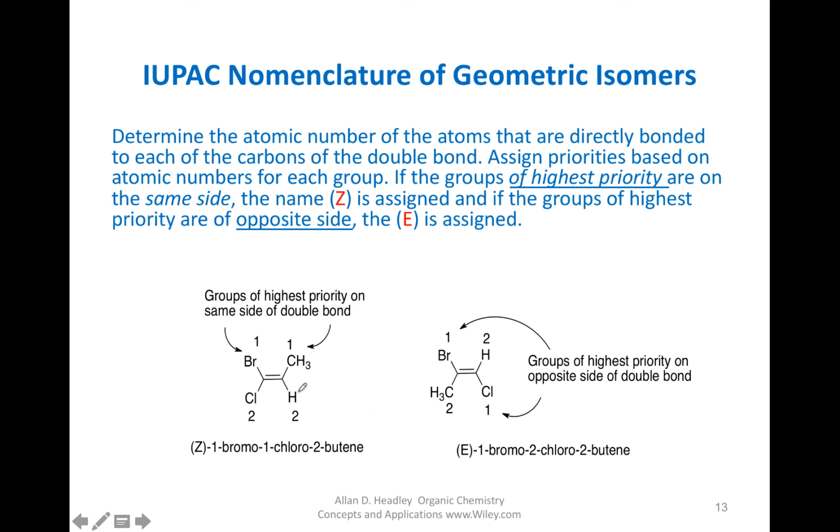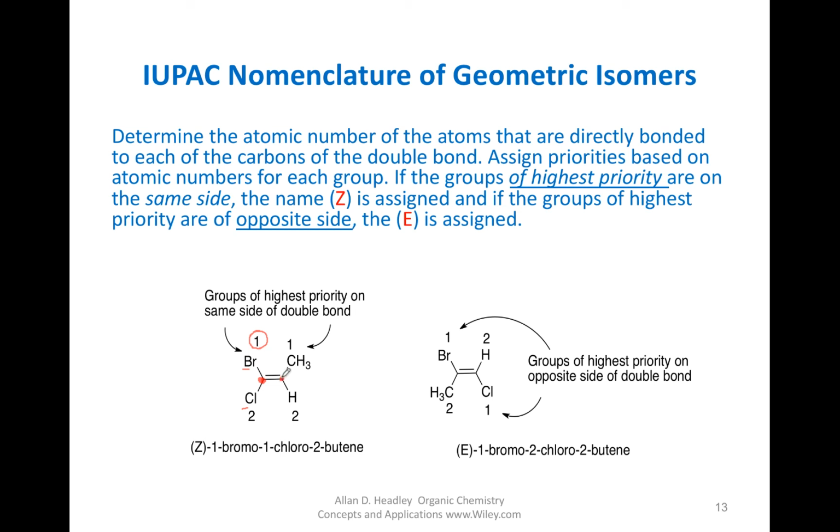Here's another one. So here's our double bond right here. Let's look at this carbon first and the atoms that are directly bonded to it. Let's see if we can determine priorities based on the atomic number. This carbon here has a bromine. The atomic number of bromine is larger than that of chlorine, so this gets number 1.